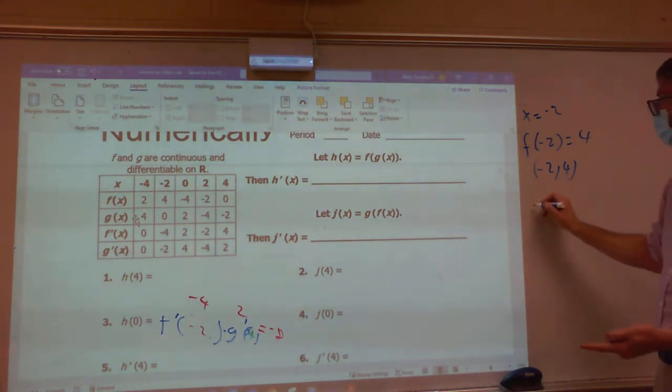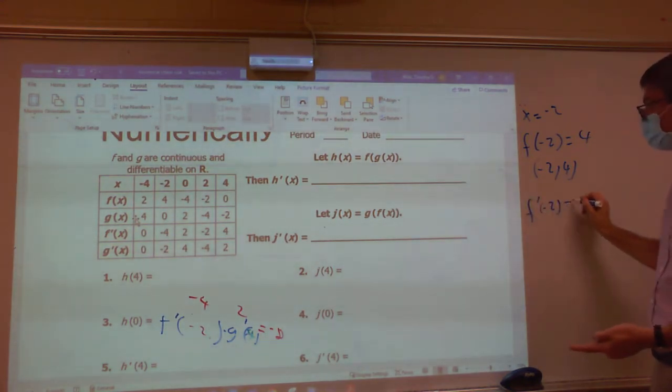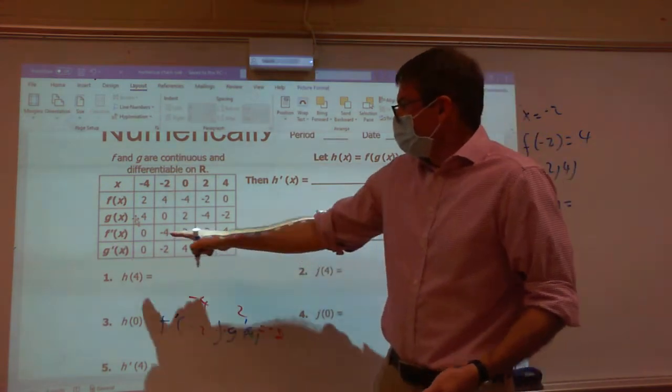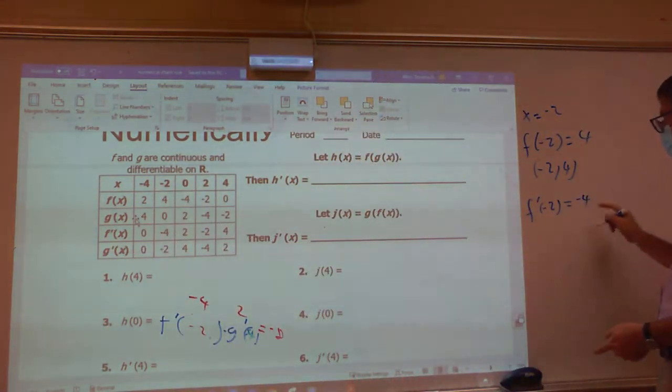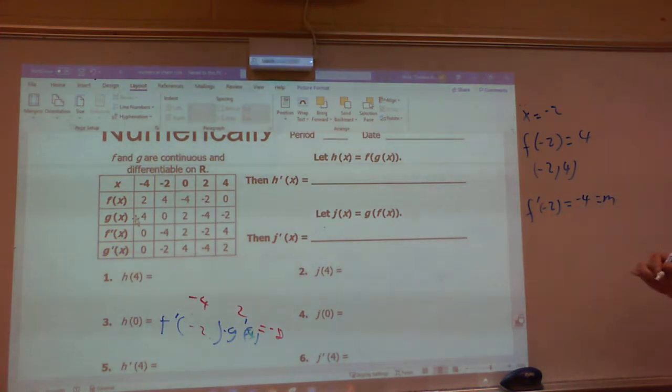My slope, I need to know what f prime of negative 2 is, and f prime of negative 2 is negative 4. So that's my slope. Here's my slope, here's my point. Pretty much done, right? It's going to give us y minus 4 is equal to negative 4 times x plus 2. And there's our equation of our line. Everybody okay with that part?